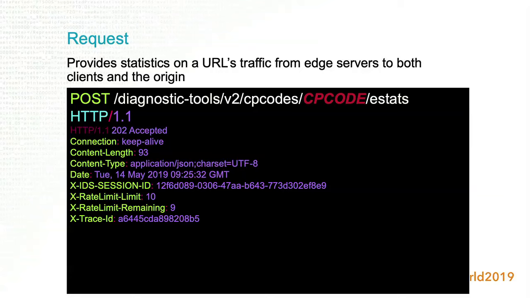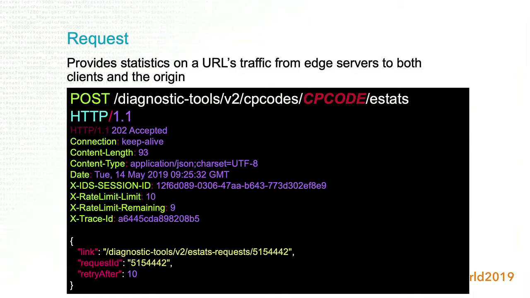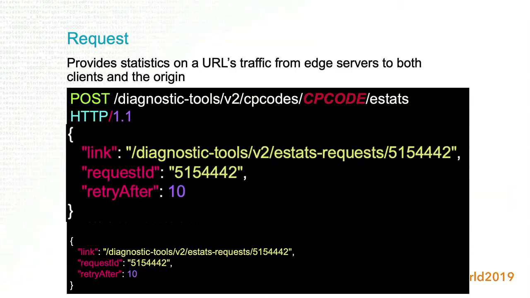Since estats usually takes time to get data, it is recommended to use the asynchronous requests we just talked about a minute before. To perform an asynchronous request, you send a POST request to the API endpoint with the CP code in the request URL. A 202 response code means that the request was successfully accepted. And then the link in the JSON response body is the link to get the response data once it is ready.